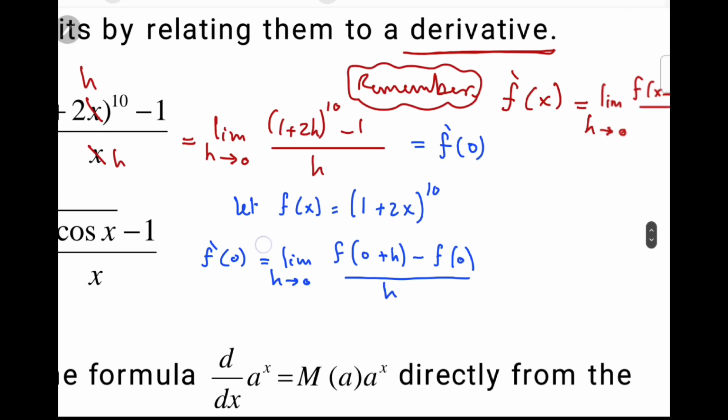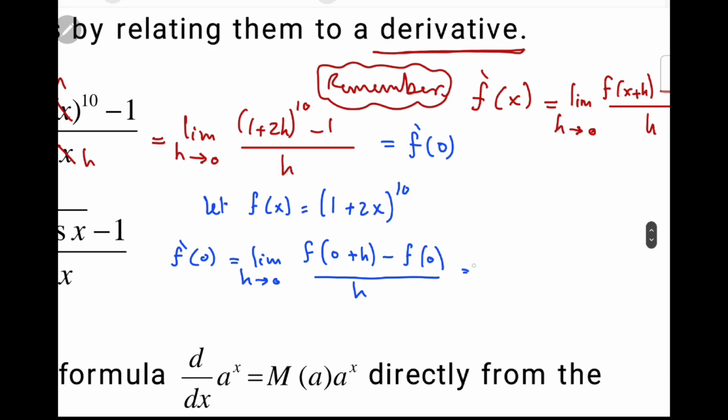And this is equal to the limit. So this is just h plus 0 is just h. So the limit as h approaches 0, f of h minus f of 0 divided by h.